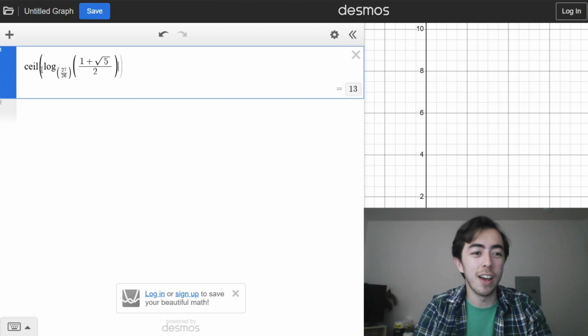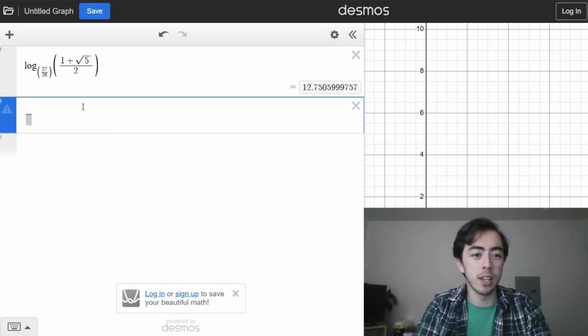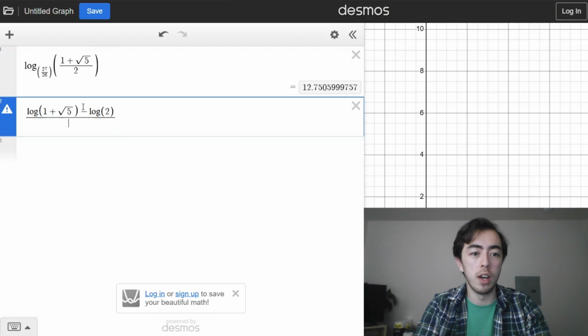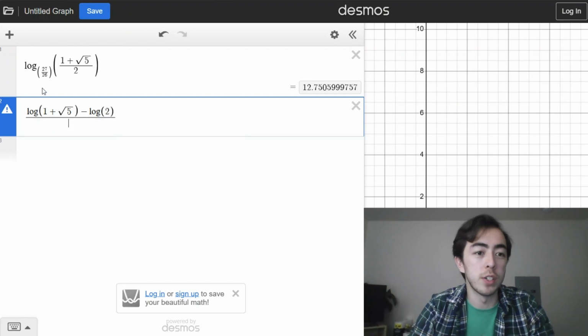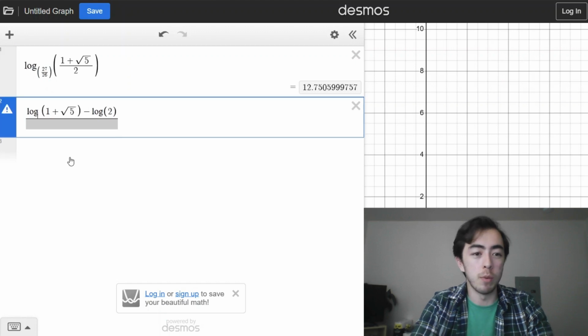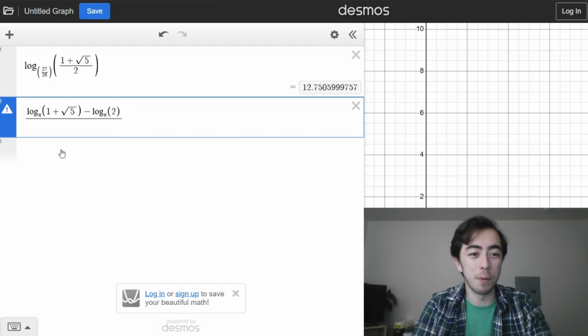Yay. I also wanted to show the other forms that I wrote this in, right? I had log of 1 plus root 5 minus log of 2. And then something kind of interesting about the change of base rule is that this logarithm could have any base, right? We could even do base, I don't know, pi, just for kicks, just to show that this base could have been really anything.